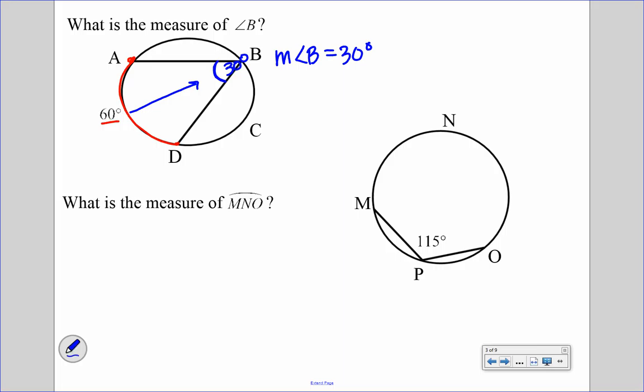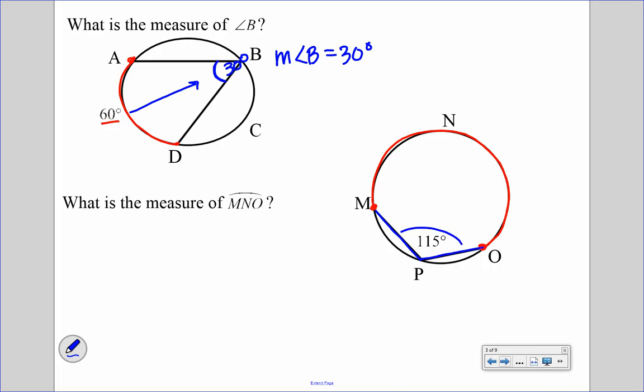Now what if it's the other way around? We're finding the arc MNO. We're looking for MNO. And I give you the angle measure right here. I give you 115.